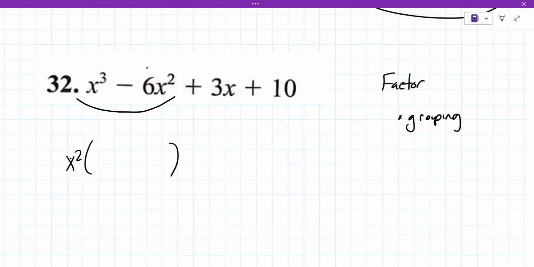Now tell me what goes in parentheses. X plus 1. So whatever goes in here, when you multiply, you have to get back to this previous line. So somehow you got to get a 6. Now I agree with the x, but how are you going to get back to a 6?